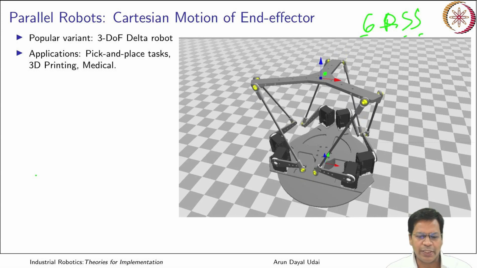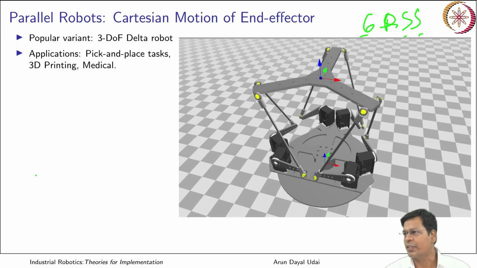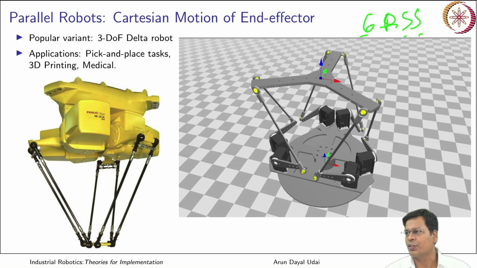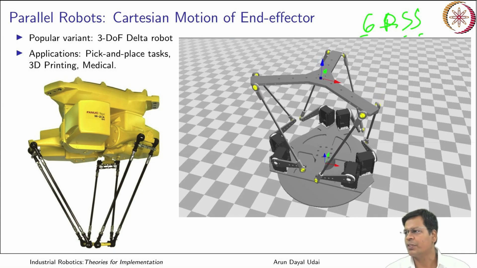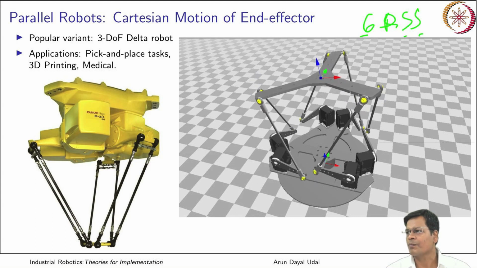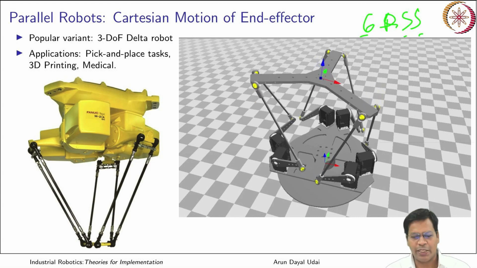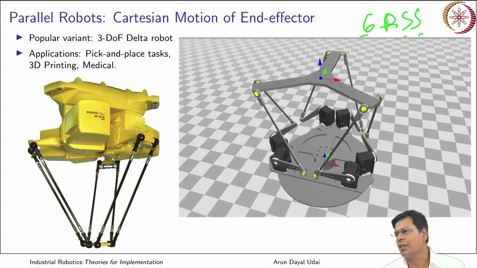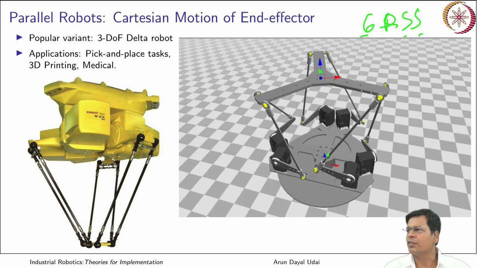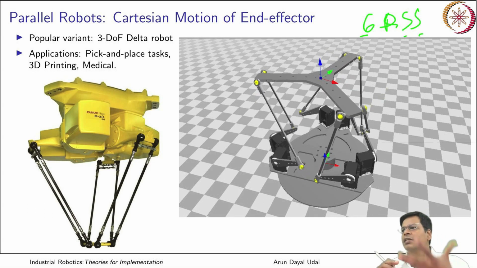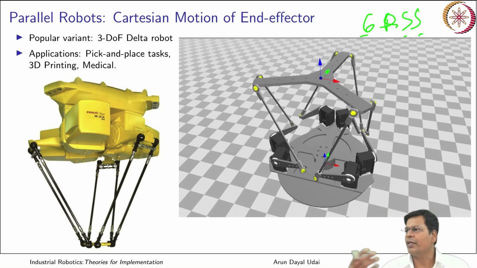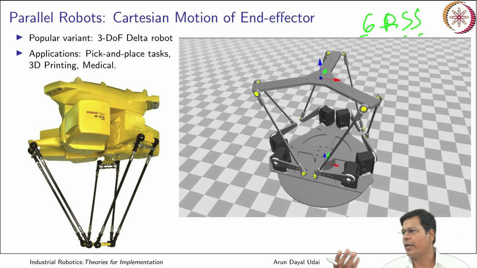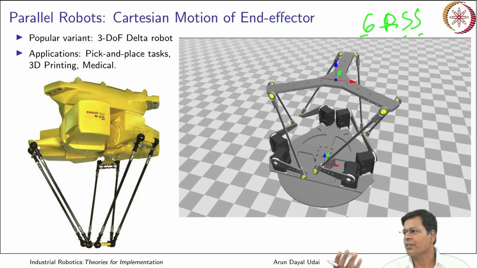The most popular variant in industry is the 3-DOF delta variant, that you have seen in the kinds of robots we discussed in classification. This can do pick and place tasks. The normal configuration for pick and place is mounting it inverted, putting your end effector at the tip platform with a gripper.